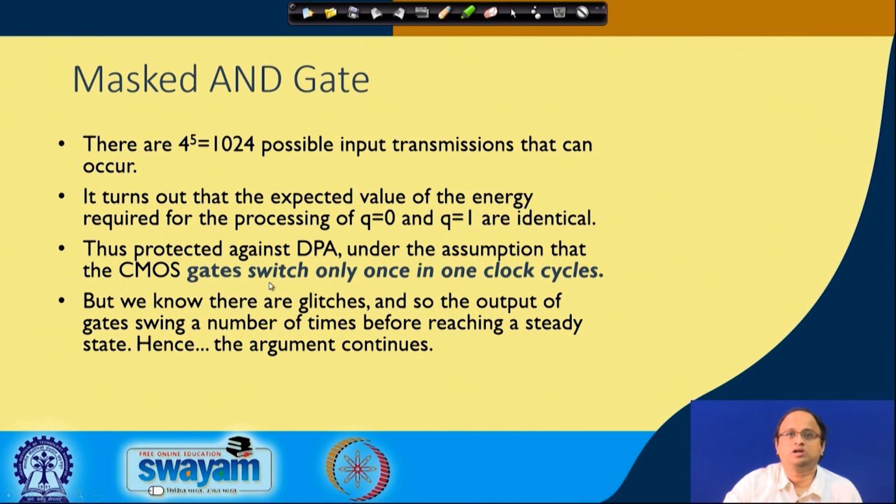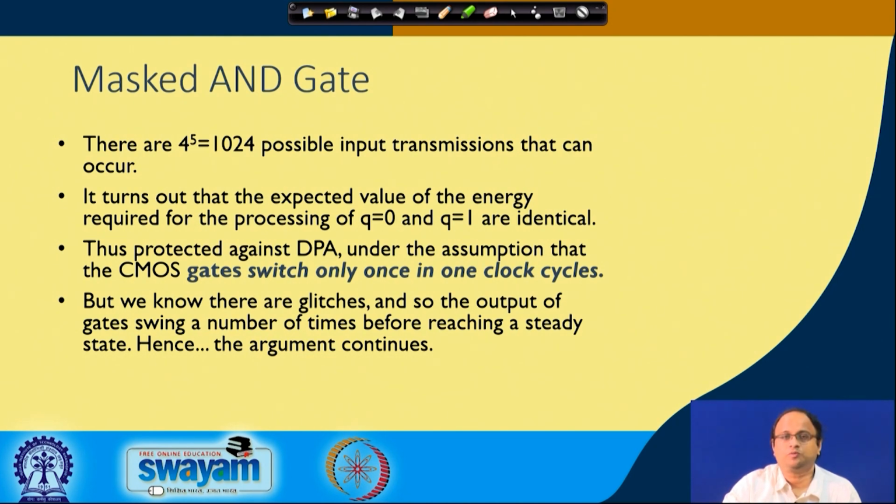But we will come to a different argument very soon, where we will see that if there are glitches, where the output of the gate swings a multiple number of times before reaching a steady state, then there can still be a leakage. The design, even after this protection, can still be vulnerable against power attacks.